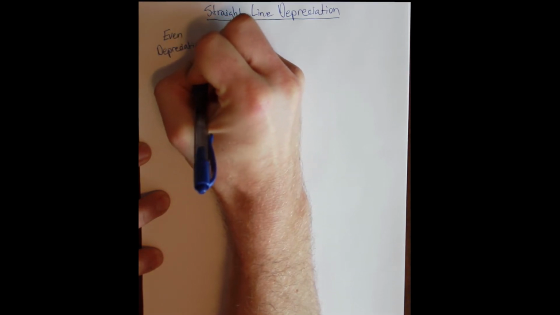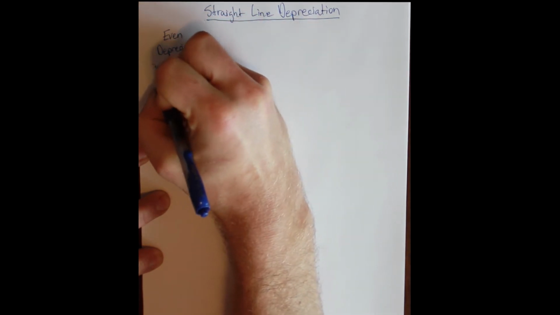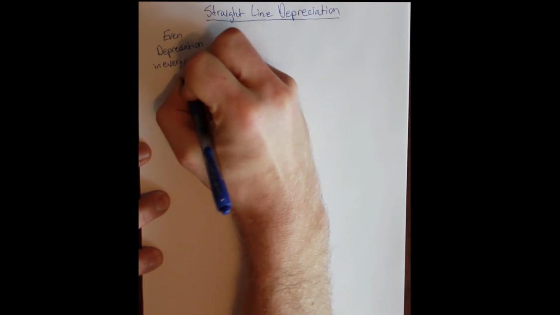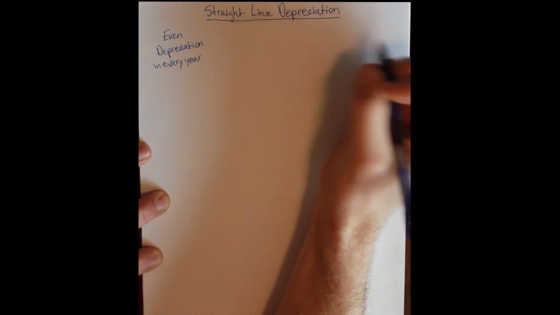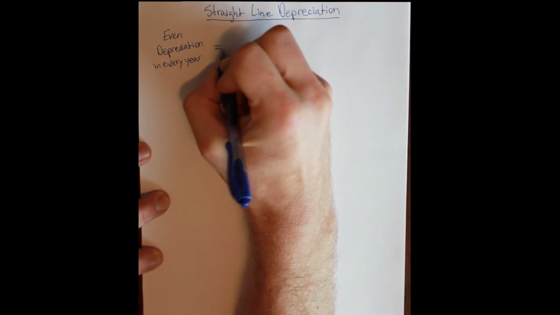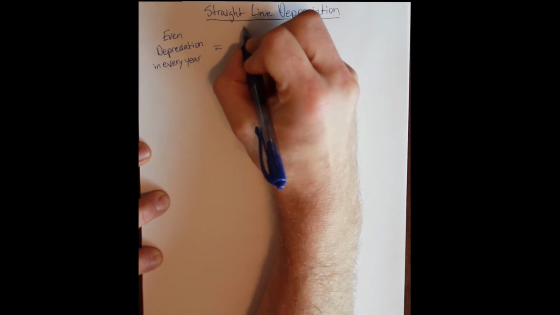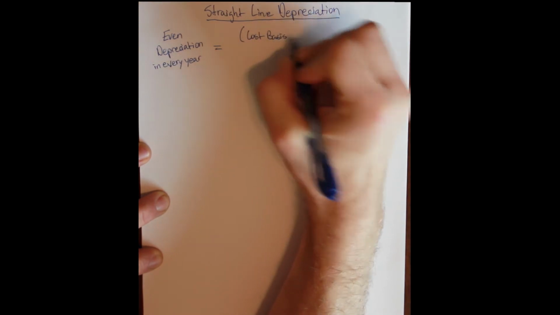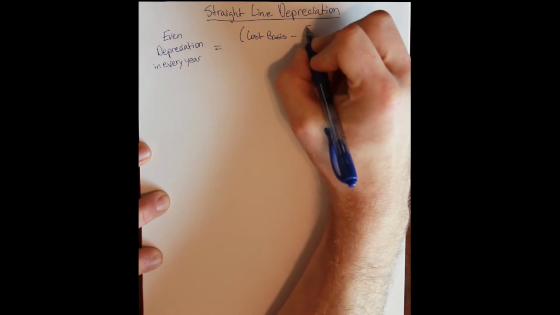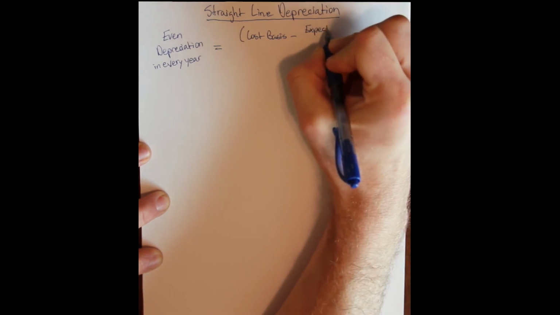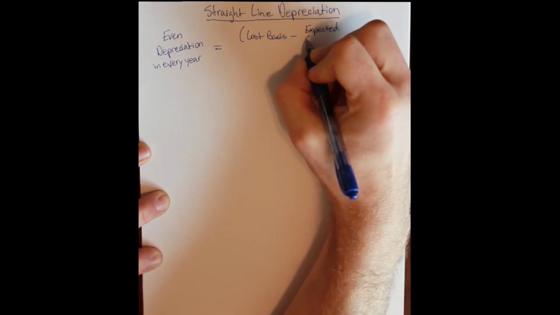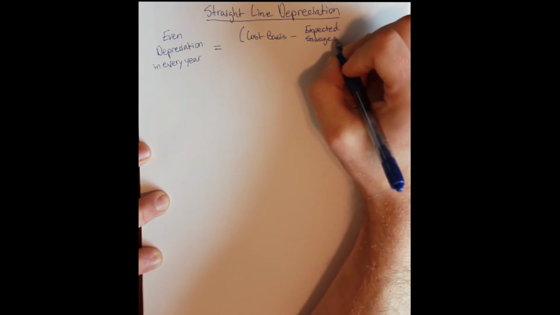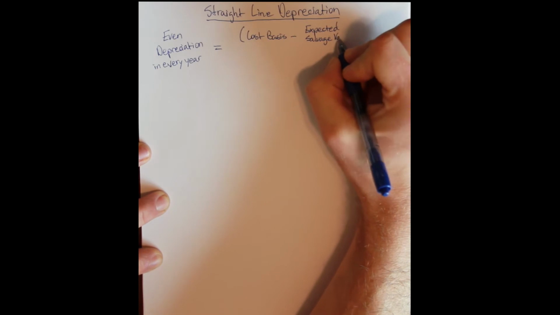So we depreciate our asset by the same amount in every year that we depreciate the asset. The way we figure out straight line depreciation is using this formula. The formula says the cost basis, which is what we originally paid for the asset, minus any expected salvage value, which is what we expect to be able to sell the asset for at the end of its useful life.